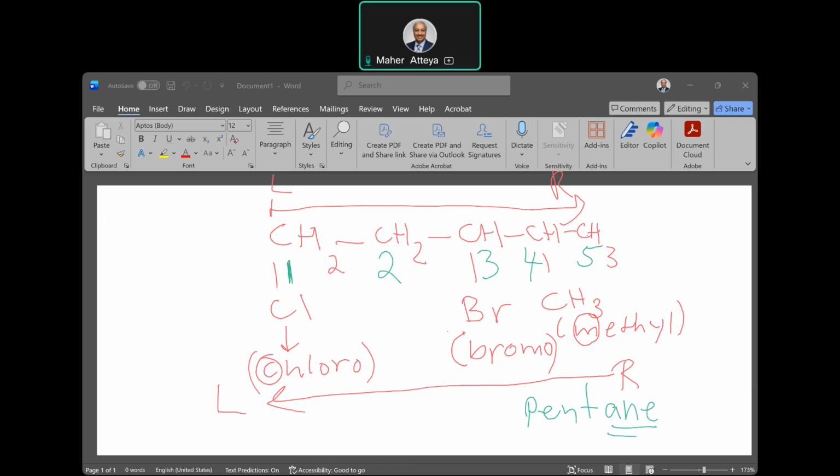The ending is ANE. Now, from this perspective, we start with the numbering of the functional groups.